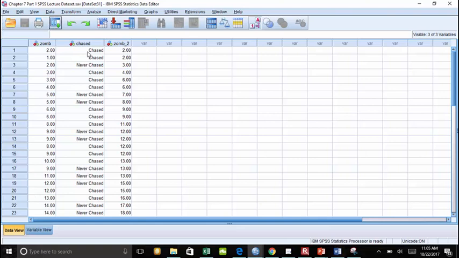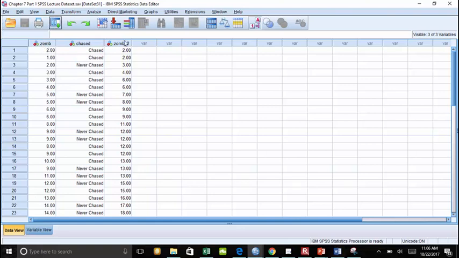And this column, chased, is whether that human being was ever chased by a zombie or never chased by a zombie. So this gives us two separate groups: people who were chased by zombies at some point in their life, and those who were never chased by zombies. So we've got two groups that we're comparing, with different people in each group, and we're interested in their opinions, this zomb variable, opinions on zombies.